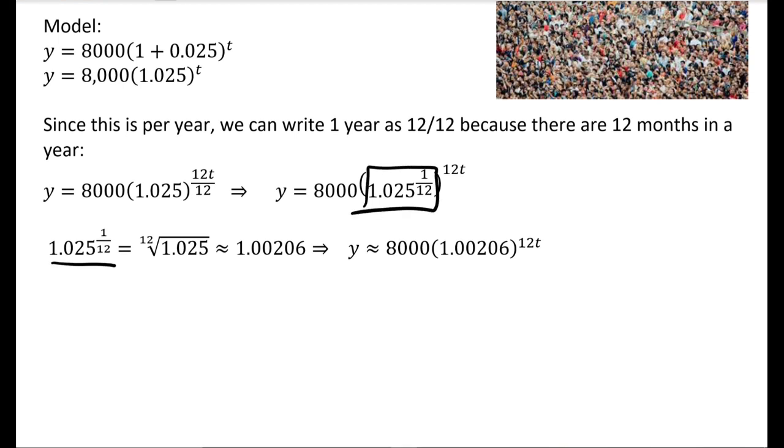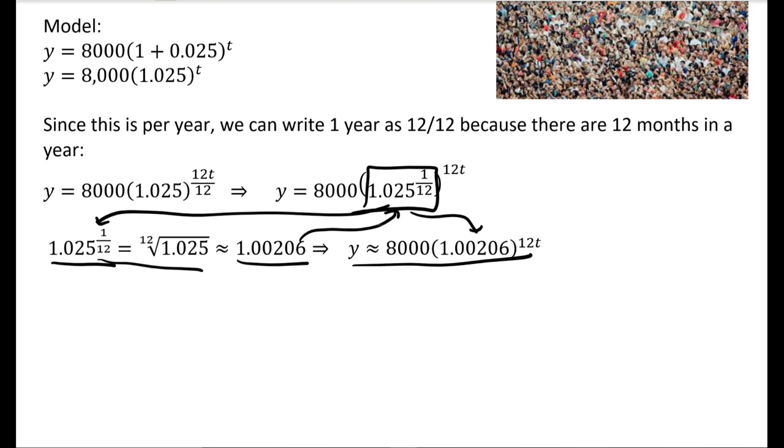That's this inside here. That's just the same thing as the 12th root of 1.025. You can do this on the calculator, and you're going to get this number, 1.00206. So if we take that number and plug it back in there, then we get our new exponential model, which is based off of monthly growth, okay?